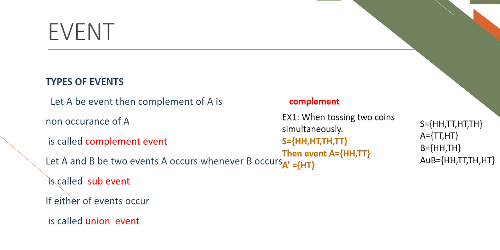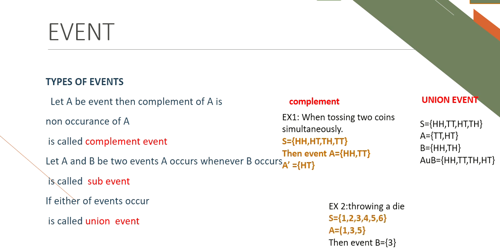So for the next example, I have taken the sample space HH, HT, TH, TT. Then A has occurred, B has also occurred. Then all together we call it a union. Whatever is there in A and B occurred here. So this kind of event we call a union of events. Union means all together.